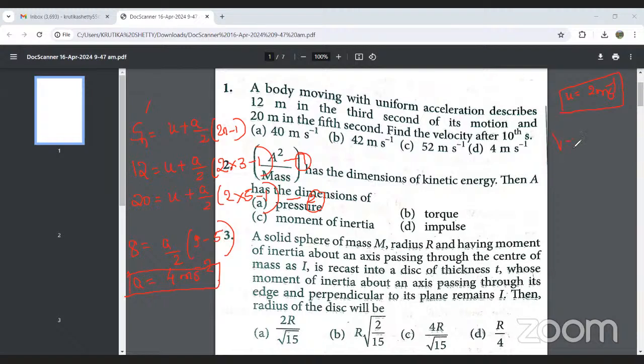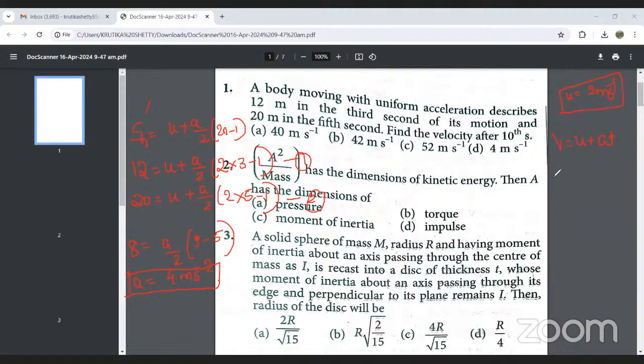Then from the equation V is equal to U plus AT, I can calculate the final velocity, since I have the initial velocity and the acceleration.